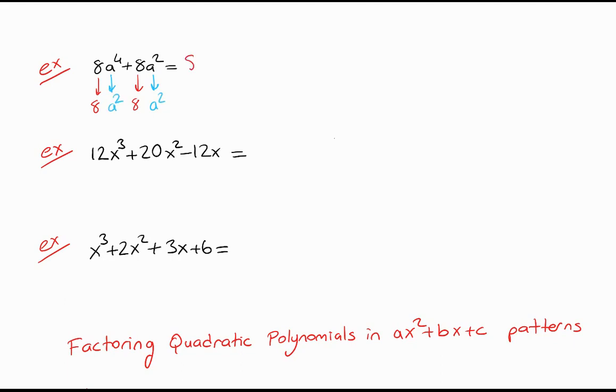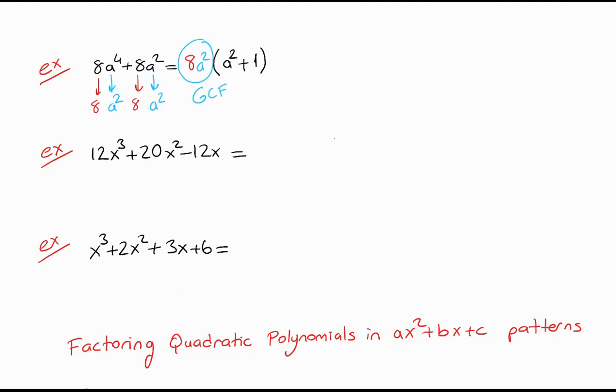So my greatest common factor is 8a squared. Inside the parentheses, I have only a squared from 8a to the 4, plus 1 from 8a squared. Okay, similarly, this is my GCF.